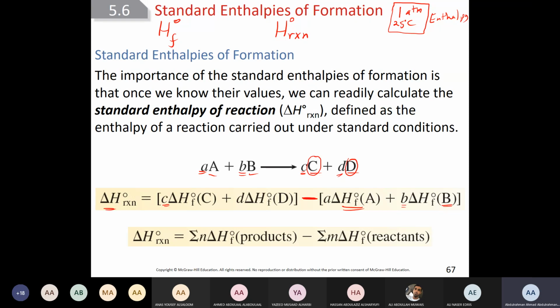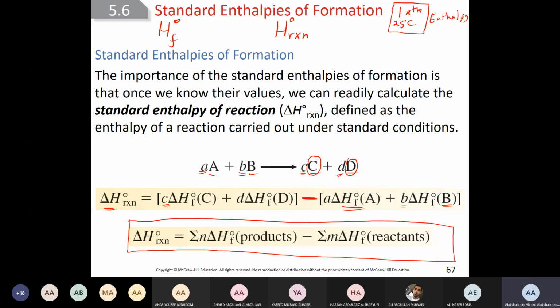Or we can generalize it. Heat of reaction is equal to what? Summation of enthalpy of products minus enthalpy of reactants. Don't forget this relation.